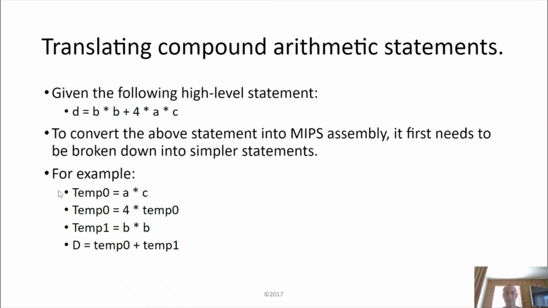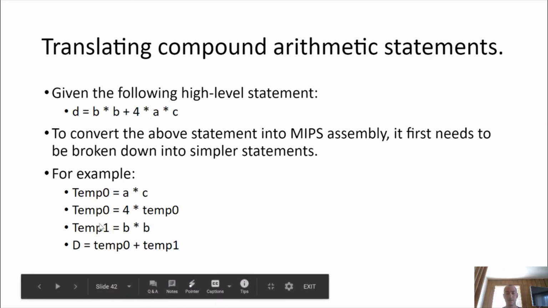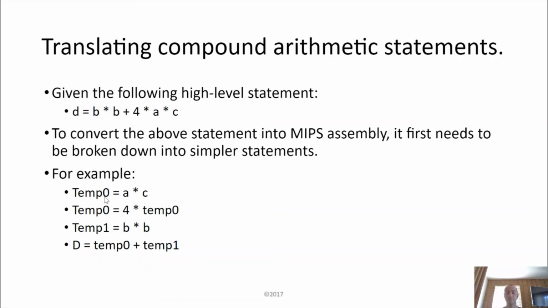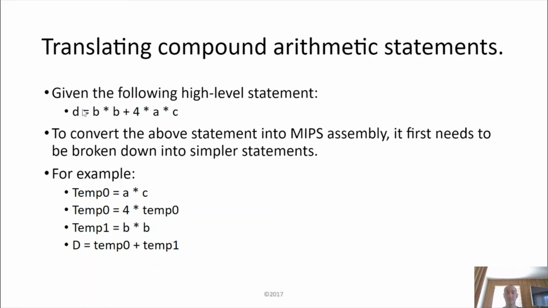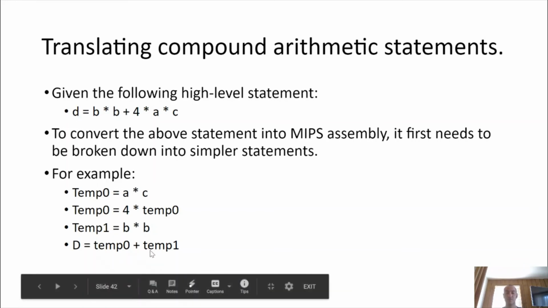So for example, one way is here: we are taking a temp0, a temporary variable, and we are multiplying A times C, and then multiplying 4 by the result of that. So 4 times A times C is going to be in temp0. And then we are doing temp1 as B times B. And then the final result, we are adding temp0 plus temp1.